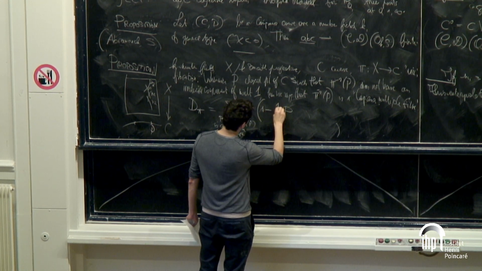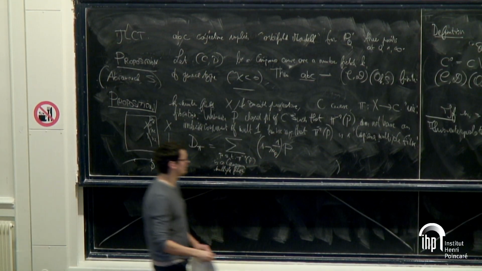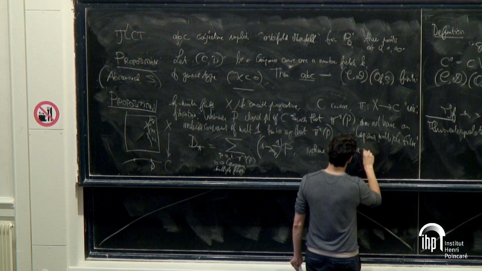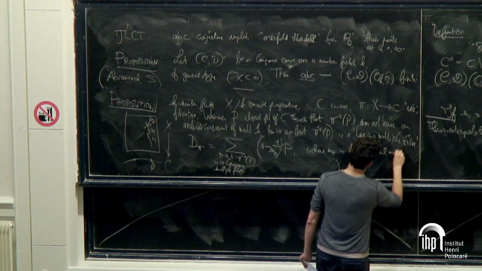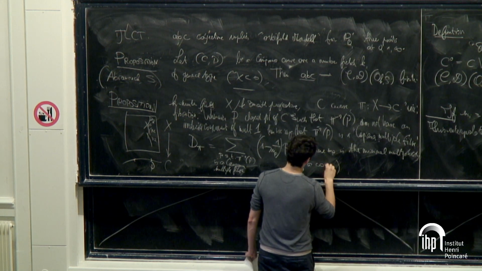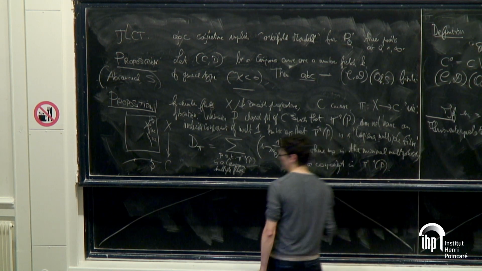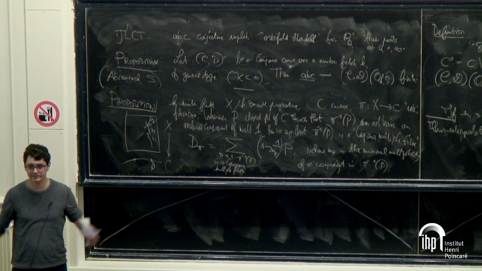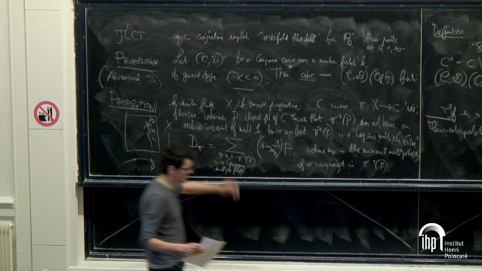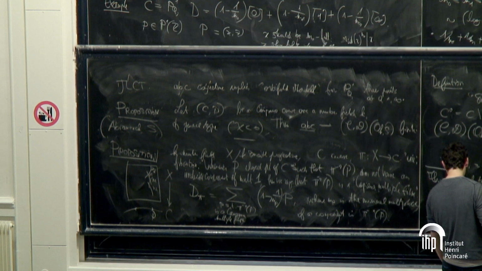I put the coefficient 1 minus 1 over m_P in front, where m_P is the minimal multiplicity of a component in my fiber. So this divisor d pi keeps track of what the minimal multiplicity of components in these fibers of the fibration are.